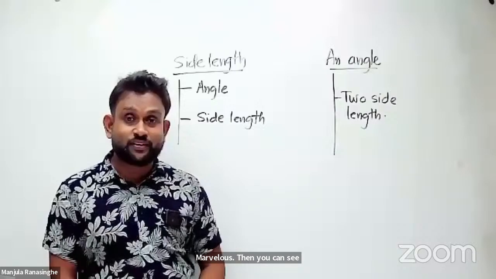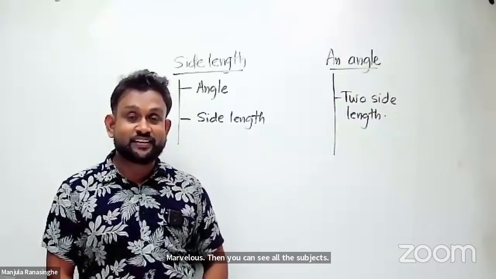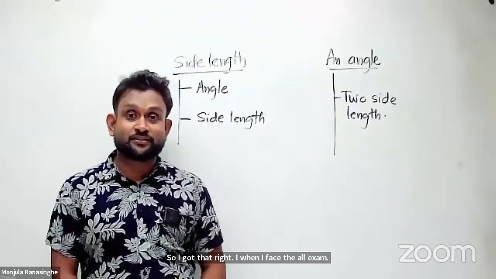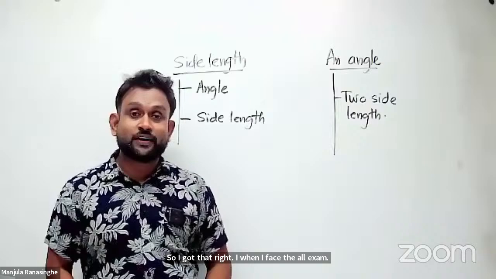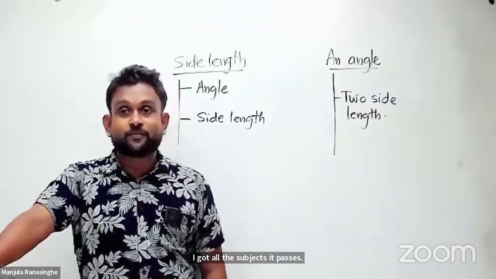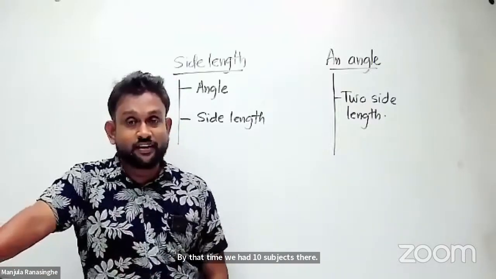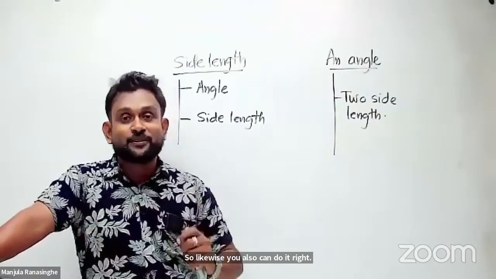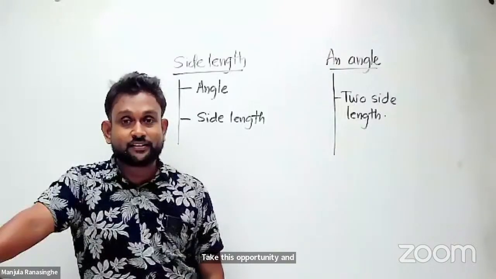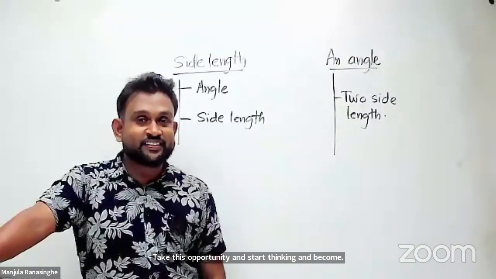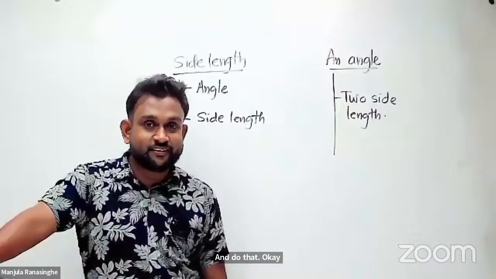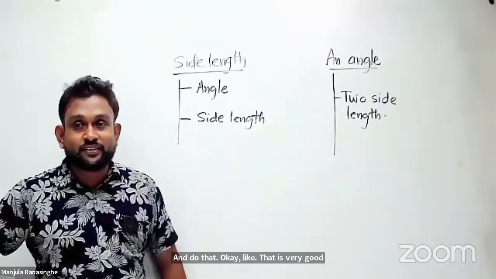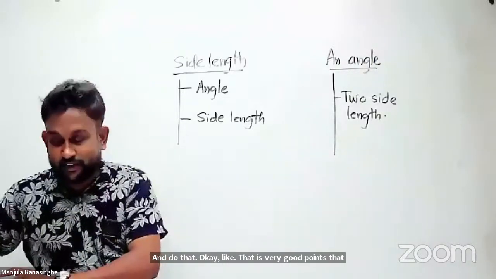I got that target when I faced the O-level exam. I got A passes in all the subjects, and at that time we had 10 subjects. Likewise, you also can do it. Take this opportunity and start thinking about that target. Those are very good points to think about.